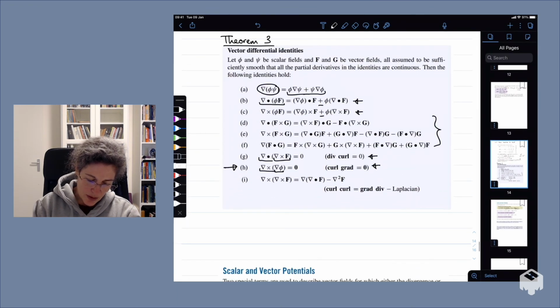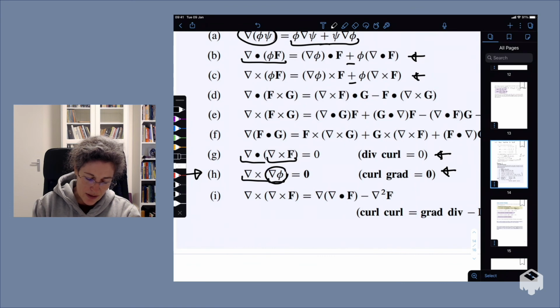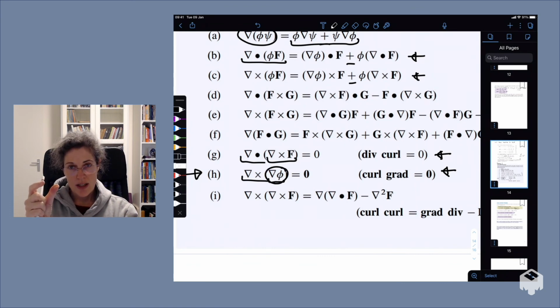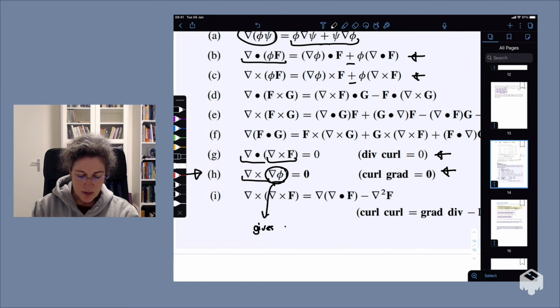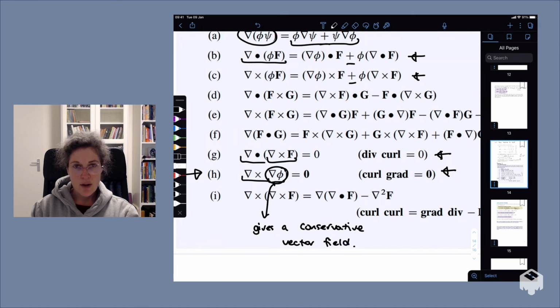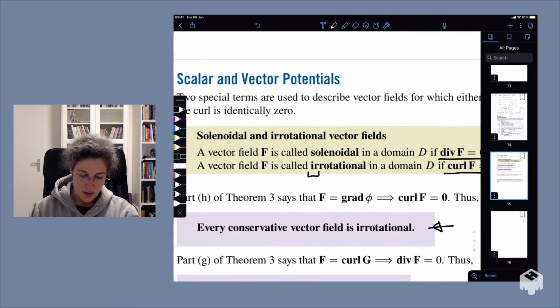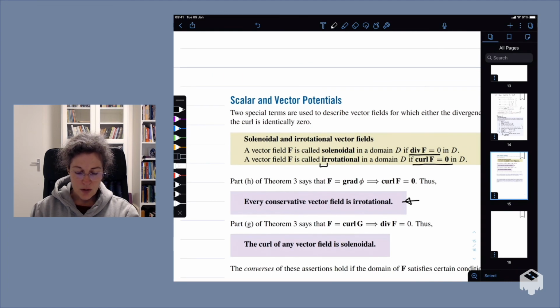Because if we look at this equation over here, this is the gradient of a scalar field, which gives a conservative vector field. And remember, we said that a conservative vector field is one that can be expressed as the gradient of a scalar field. So this equation here says that if you're a conservative vector field, then your curl is 0, so you're irrotational.